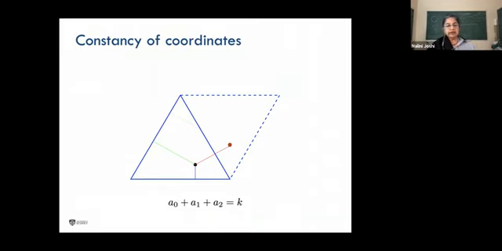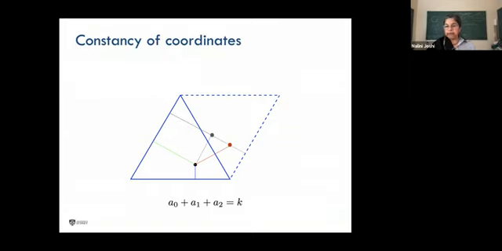And one last thing is that in constructing those orthogonal projections, what I was doing was calculating the legs, as it's called, of the triangle. And the legs add up to a constant, as you can see from this diagram. So I've called that constant K, but actually we take it to be 1.